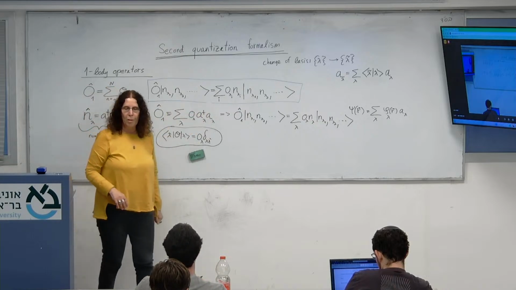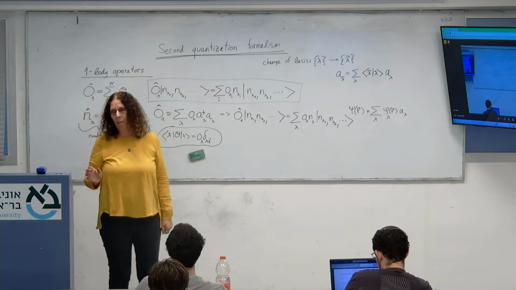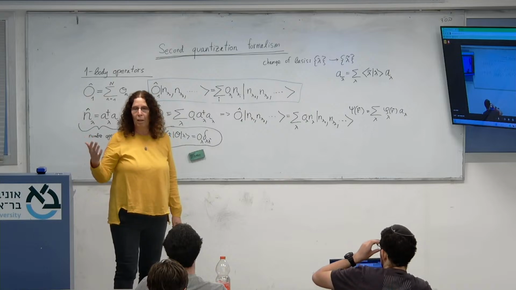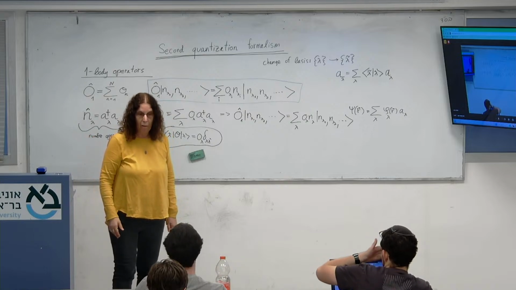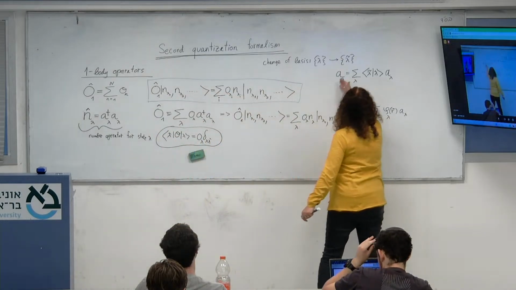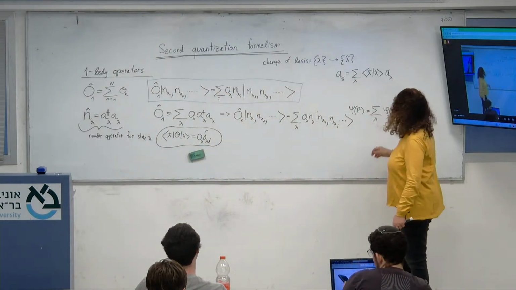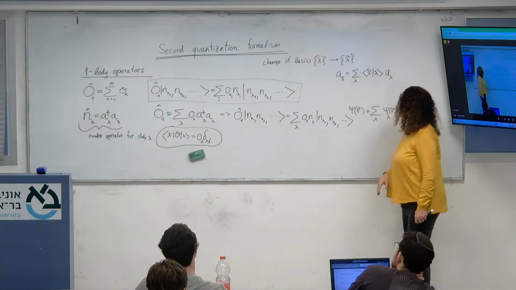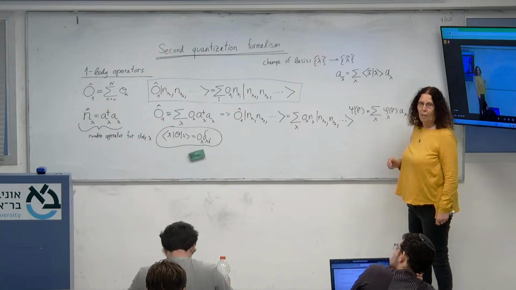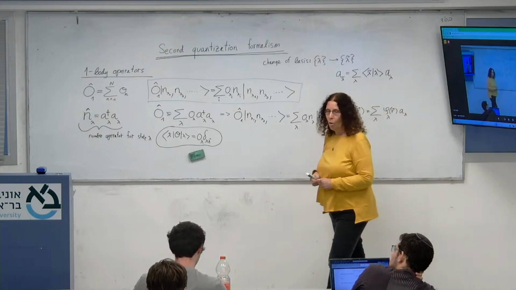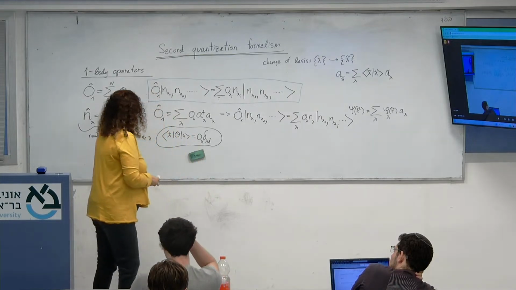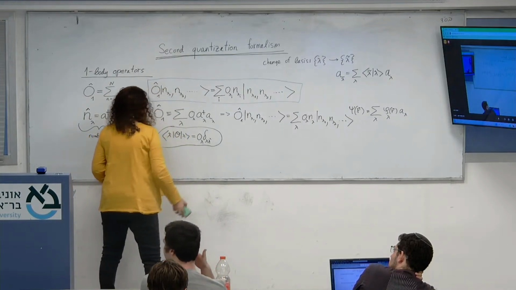It's just a choice of basis that makes it simple. I can change to an arbitrary basis, and I know how to do it because we learned how to transform. I'll have to use these inner products or this unitary transformation.